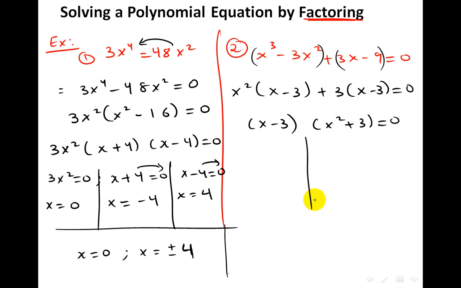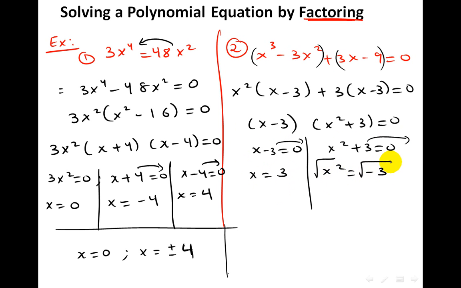Now we'll start the either-or part. Here you'll have x minus 3 equals 0 or x squared plus 3 equals 0. Here simply bring the negative 3 back, x will be 3. Here bring the 3 back, x squared equals what? Negative 3. To get rid of this squared, you're going to put a radical on both sides, so x equals plus or minus root of negative 3, and root of negative 3 means what?